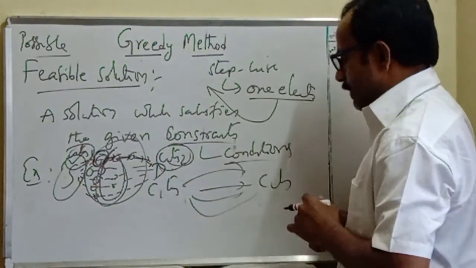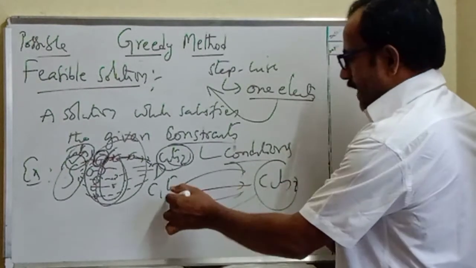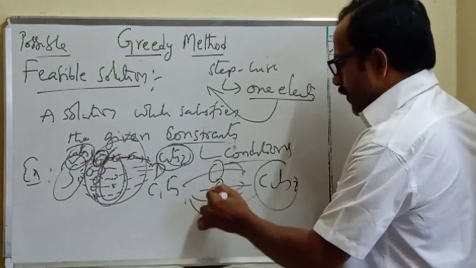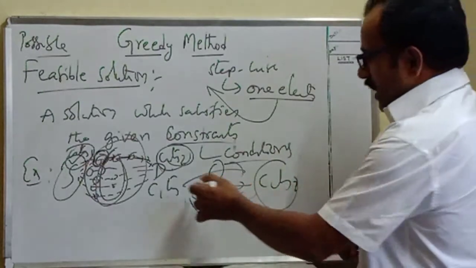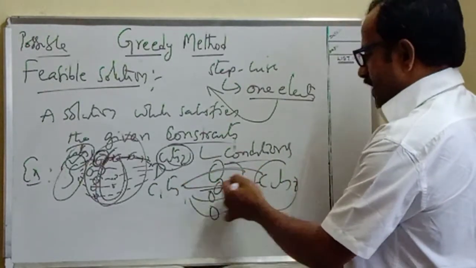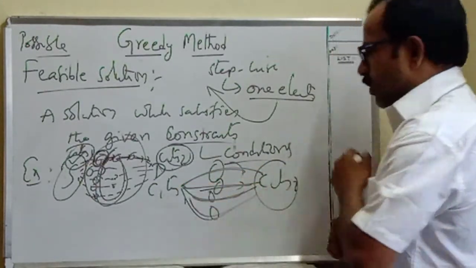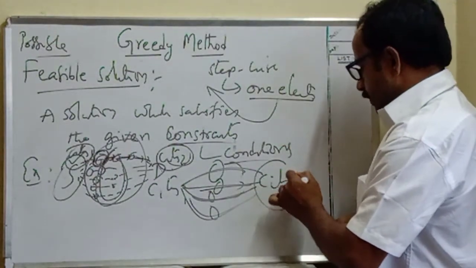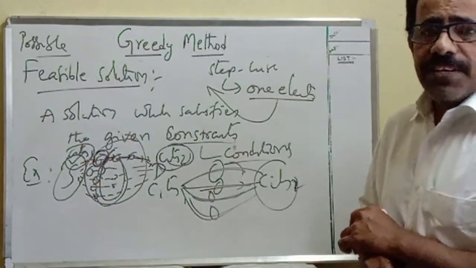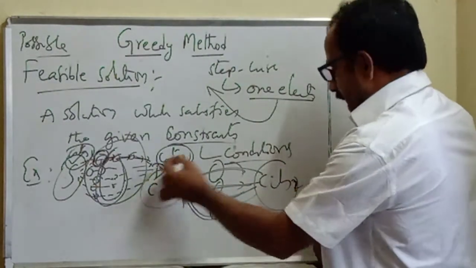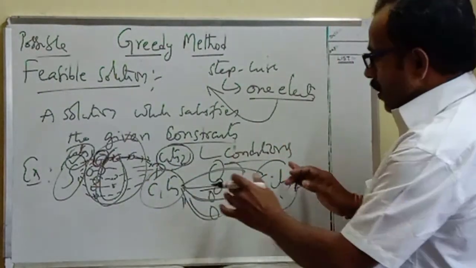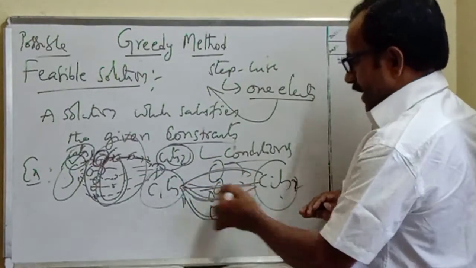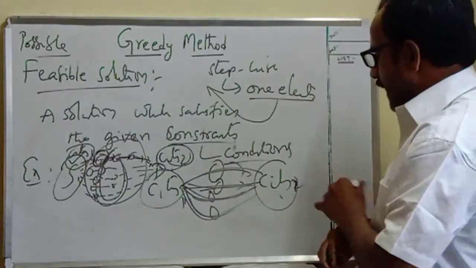All these are feasible because we can reach city 2 from city 1 by using any of these paths. What is the constraint here? The constraint is starting from city 1 and reaching city 2. So all these paths are satisfying the constraint.